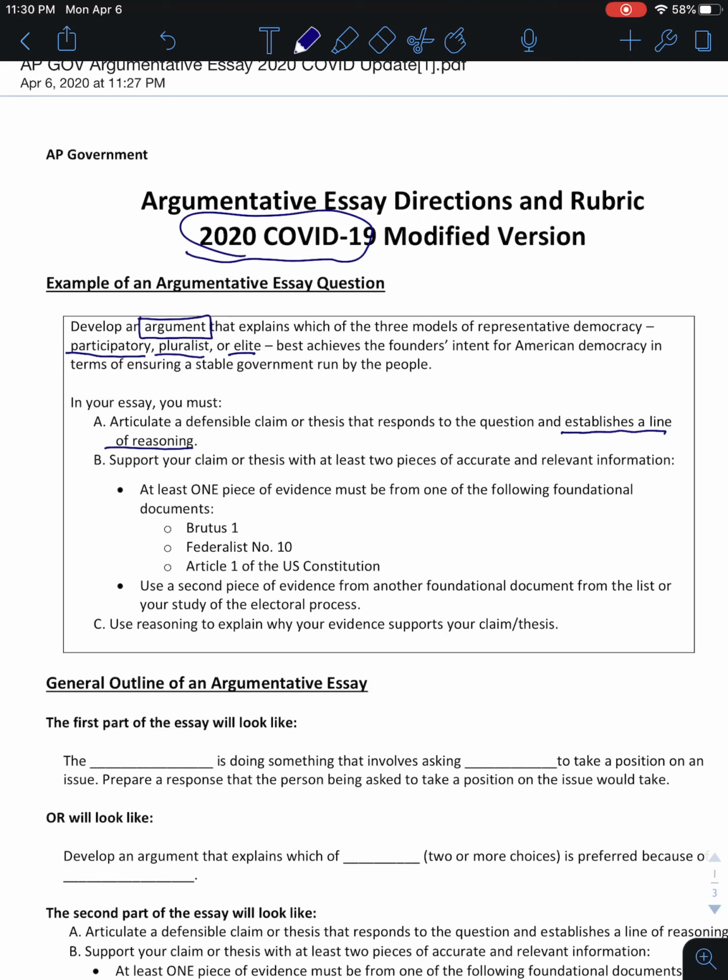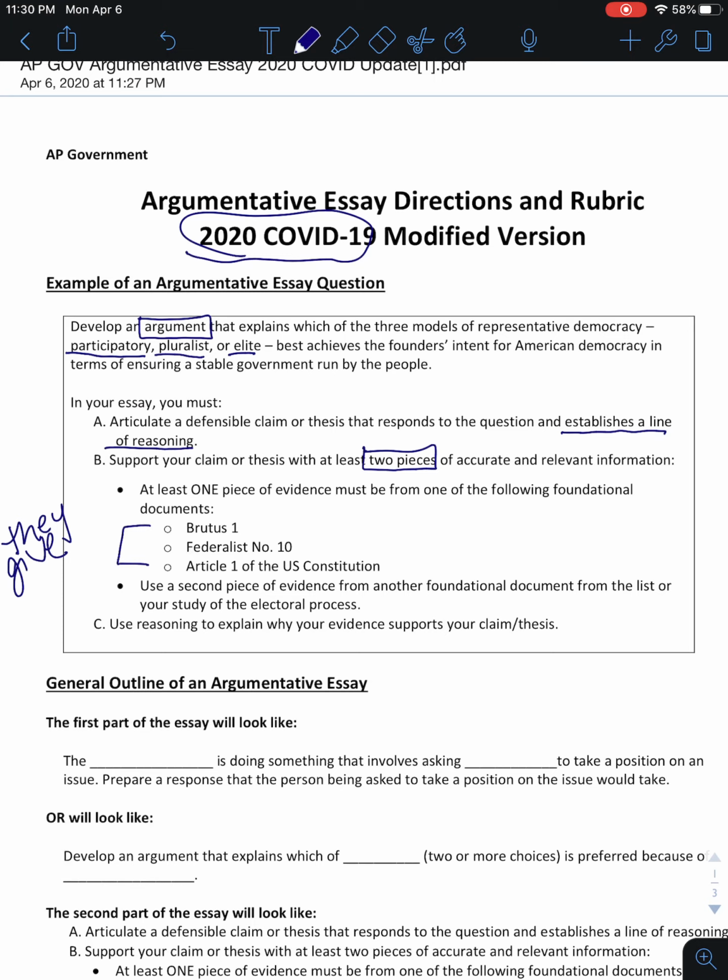B, support your claim or thesis with at least two pieces of accurate and relevant information. One piece is going to have to come from a foundational document that they give you. They will always give you a little list of ones that you could choose from, and then your second piece can be from anything that you've taken from AP Government.